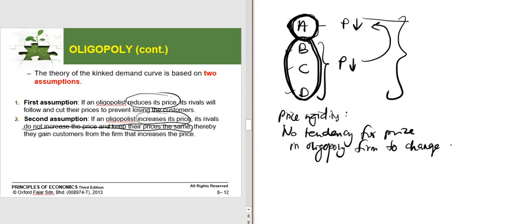According to the law of demand, when they increase the price, the demand will reduce. So the other firms will not follow. The situation here is, if a firm reduces its price, the other rivals will follow, but if a firm increases its price, the other rivals will not follow.